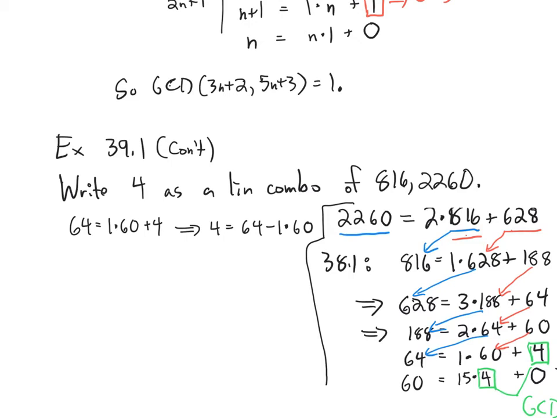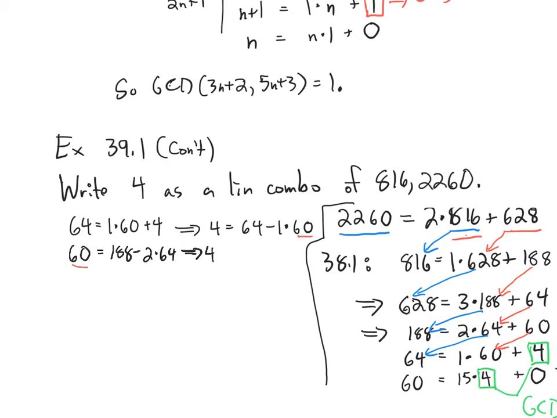So let's do that. So this is saying that 60 is 188 minus 2 times 64. So we'll substitute that in. Here's 60, here's 60. So we'll substitute that in.